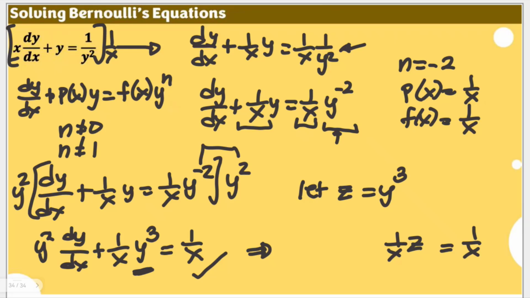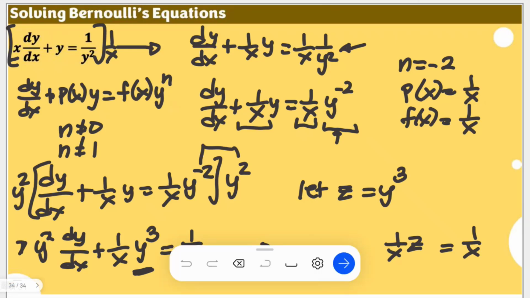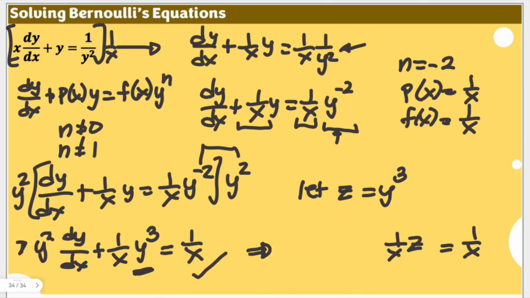But since we have this expression here as well, let's also get its equivalent dz, because we also need to remove dy. This is actually 3y squared dy, right?